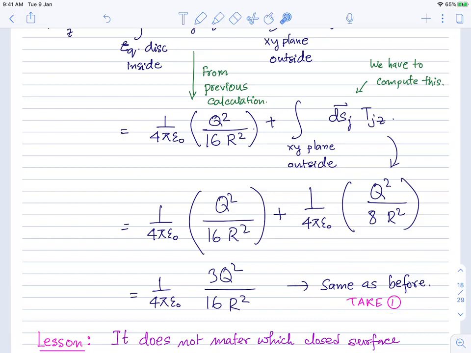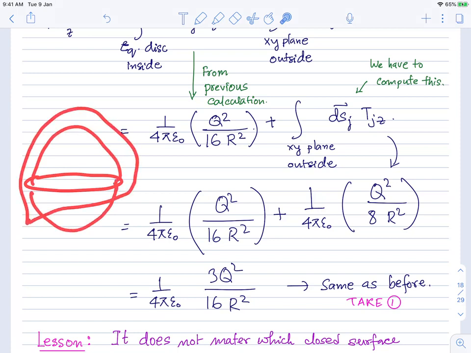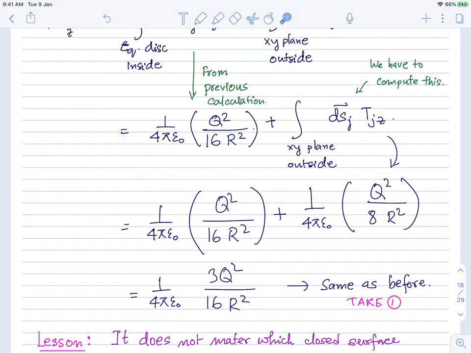So it does not matter what volume you choose, as long as the relevant portion on which you are trying to find the force is inside your volume and nothing else is inside your volume, you will get the right force. If you consider the volume to be something like this, which includes some additional elements, it will not be the right force. It will give you the force on everything, all the charge components.